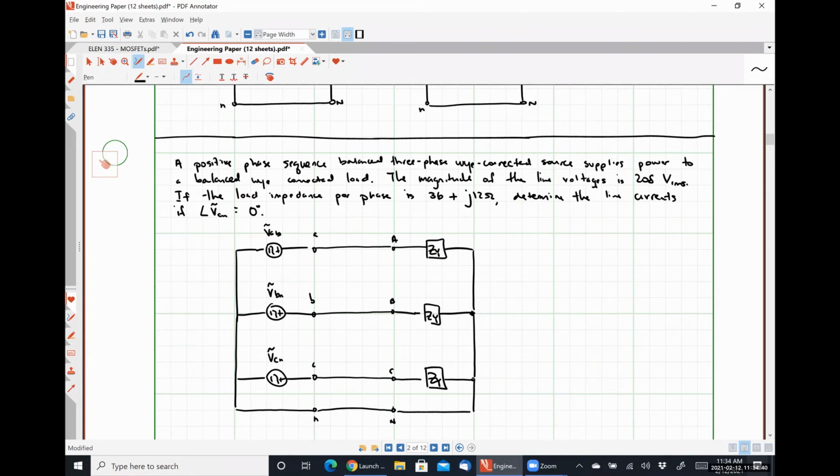Like so. The information that we are provided is this. The magnitude, sorry, VAB, of our line voltage is 208 volts RMS. We could do the same thing for the line voltage between B and C, but we don't really need anything else.